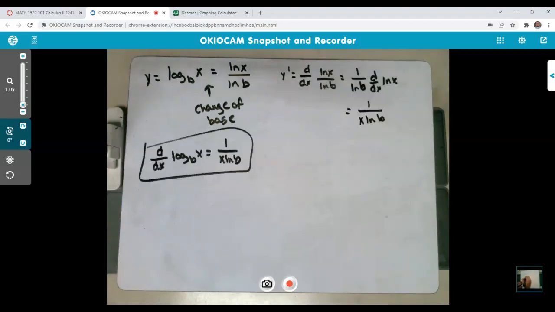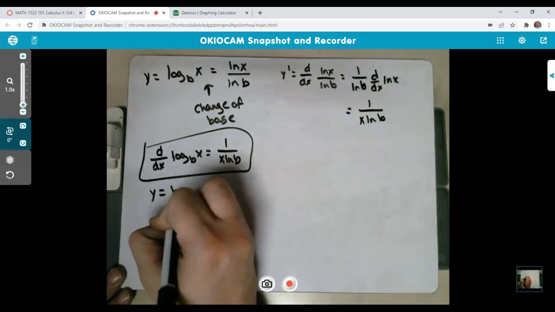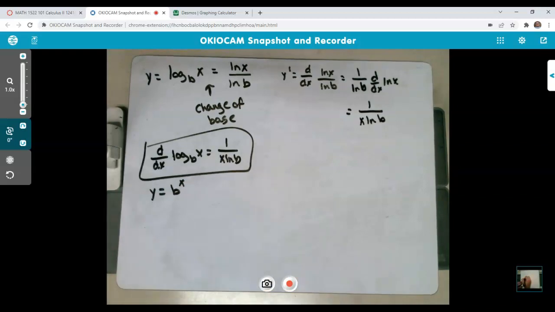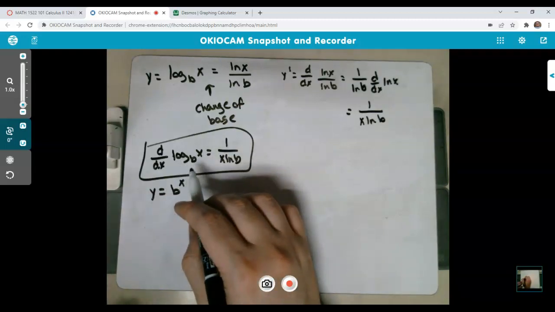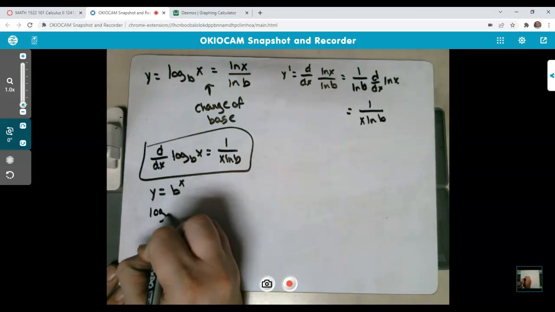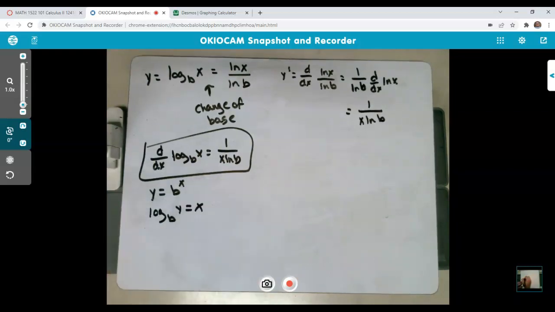Now I can use this rule to find the derivative of another base to the power of x, so a base other than e. It's going to be a known one though, okay? So since I have y equals b to the x, I can write that as a logarithm as log base b of y is equal to x.